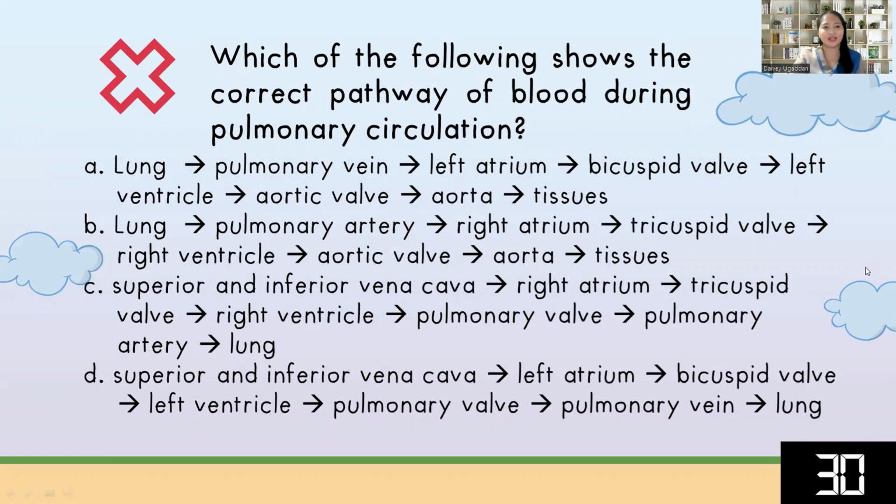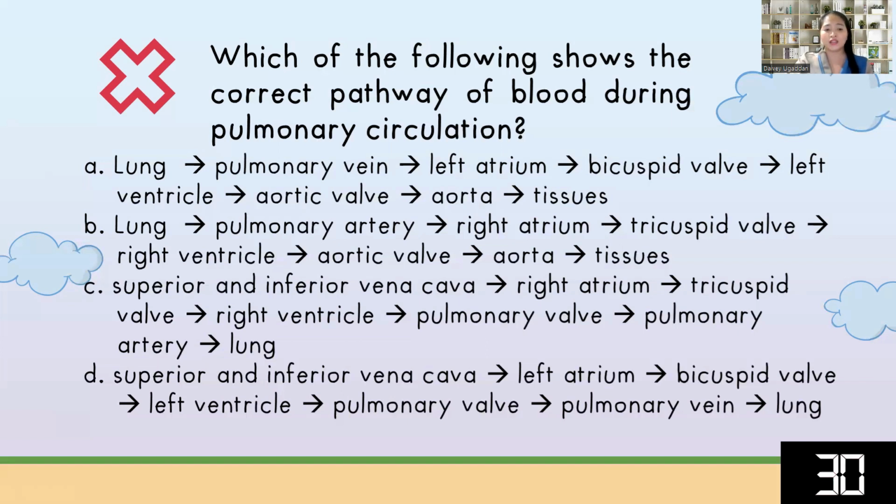Question number 21. Which of the following shows the correct pathway of blood during pulmonary circulation? A, lung to pulmonary vein to left atrium to bicuspid valve to left ventricle to aortic valve to aorta to tissues. B, lung to pulmonary artery to right atrium to tricuspid valve to right ventricle to aortic valve to aorta to tissues.